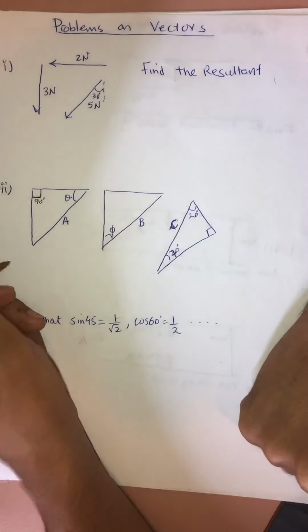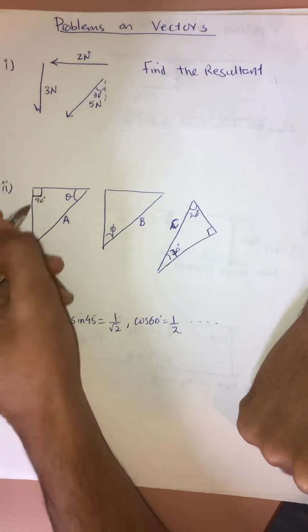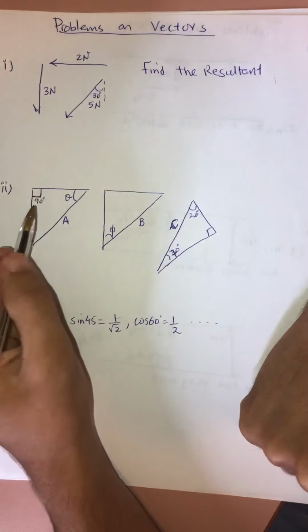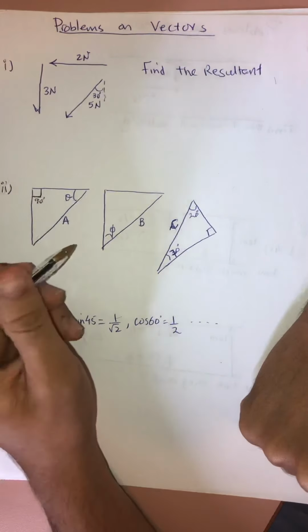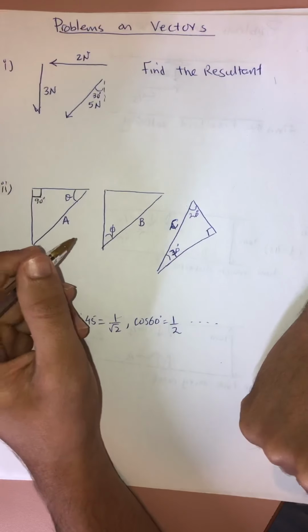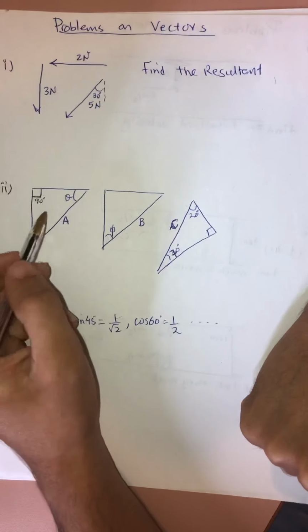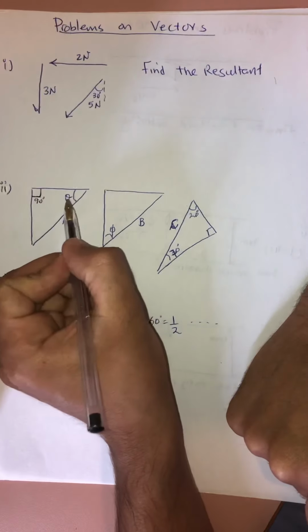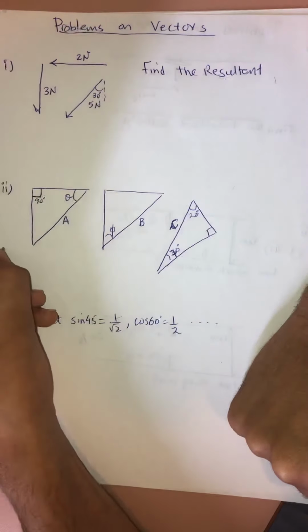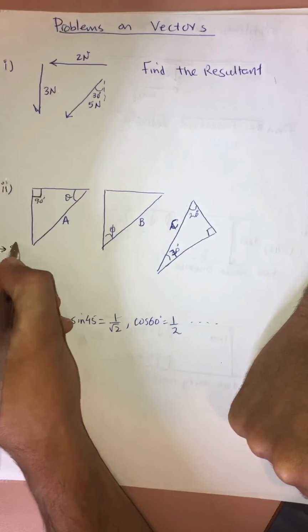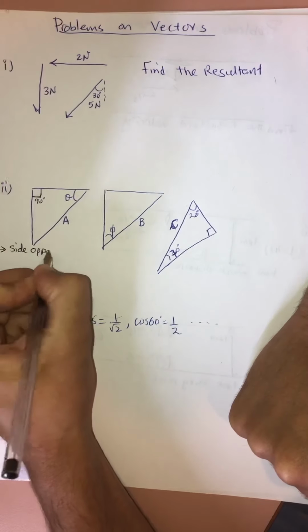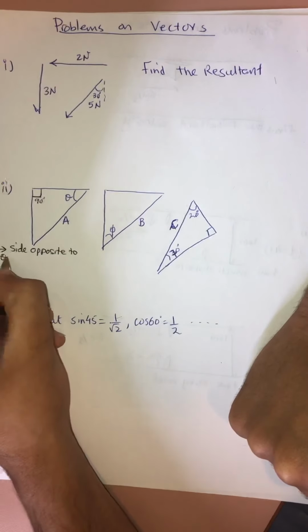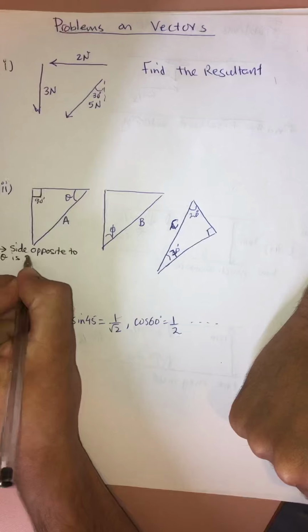First of all, in a right angle triangle you have to identify which is the base, which is the perpendicular, and which is the hypotenuse. So here is the tip: the side opposite to the theta is the perpendicular, p.